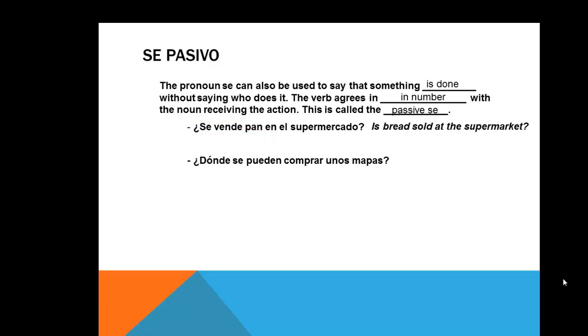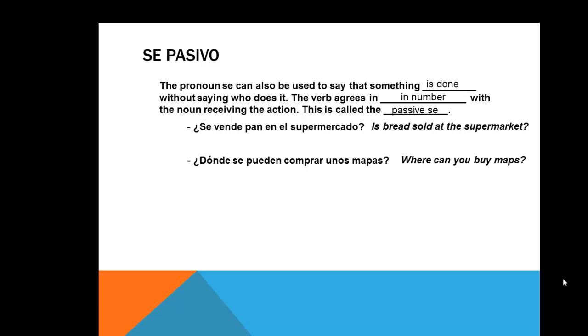If we had a plural example, ¿dónde se pueden comprar unos mapas? Where can you buy maps, or where can one buy maps? Translating it with you is okay here, but keep in mind we're not talking about you specifically. Kind of like how we said at the beginning of Spanish 1, cómo se dice means how do you say something.